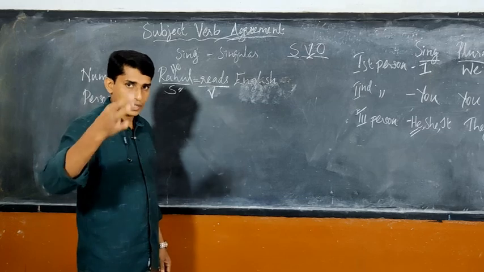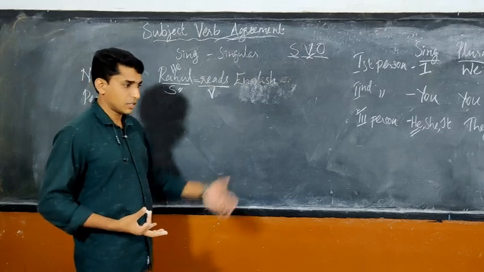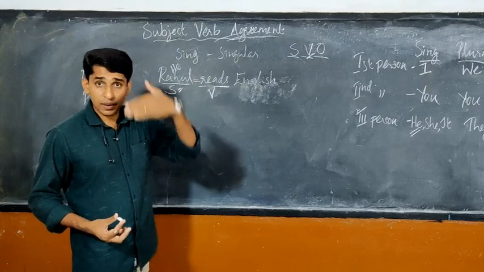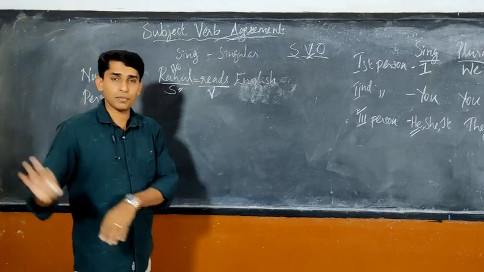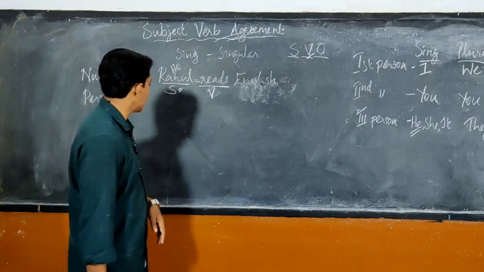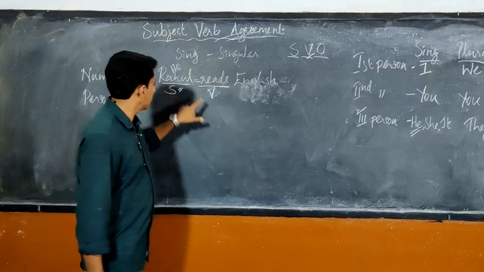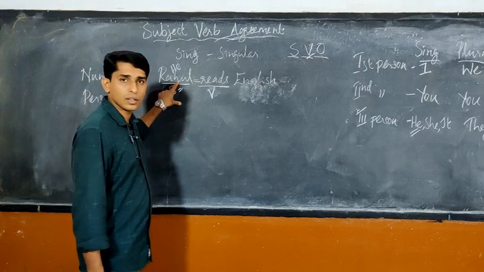In the next chapter we will see tenses. Tenses are not only about present, past and future, there are subdivisions: simple, continuous, perfect and perfect continuous. But we will see that later. But here, in simple present tense, the verb is singular when the subject is singular.